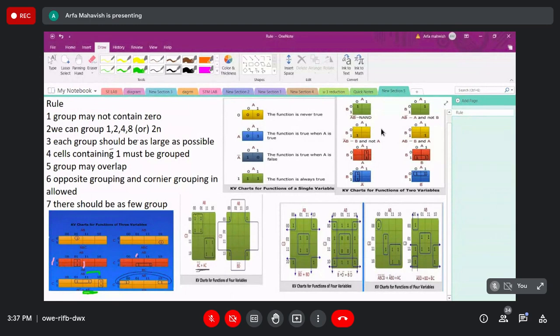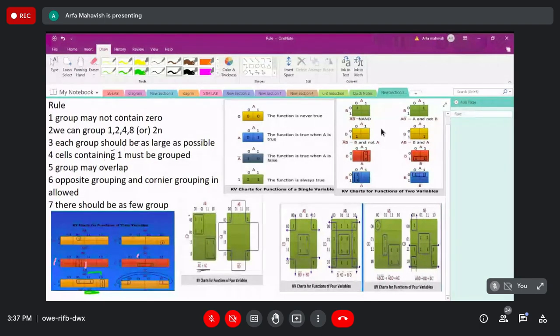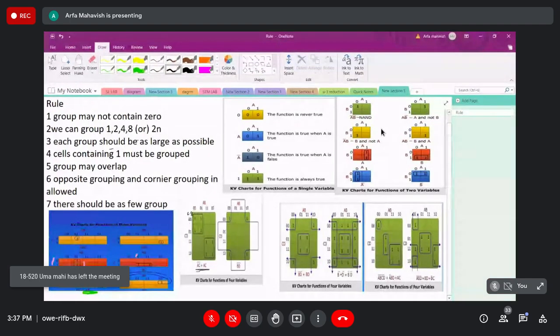So look at here. In the first variable, the first 0 belongs to A, and the second 0 belongs to B. Same thing in all the cells. In this also, this is C and this is D. For C we have 0 0 1 1 and for D 0 1 0 1.